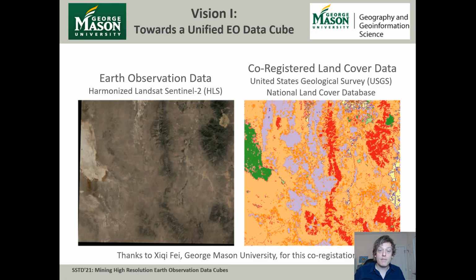So now what we have is a joint data set where for each pixel we have both the spectral features, in this case grayscale, and also information about the land cover. And this is great because now in addition to having these trillions of pixels, we also have a ground truth for each of these pixels. What was the land cover of this pixel at this time?